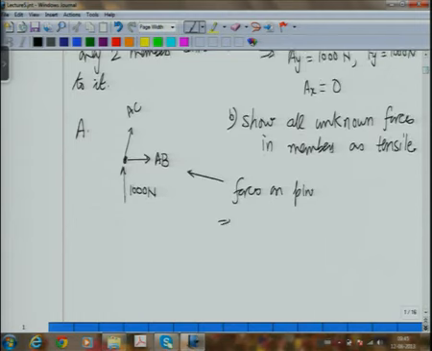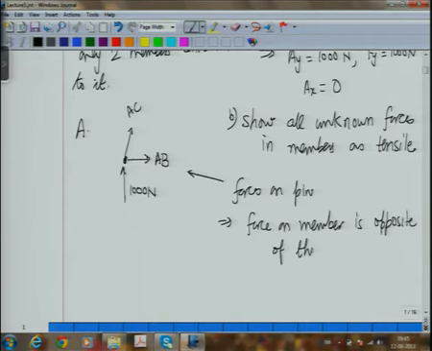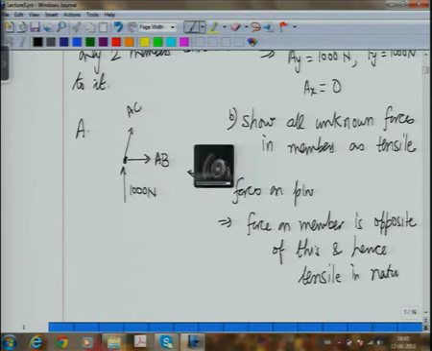So therefore, the force on the member is opposite of this and hence tensile in nature. So the unknown forces which I have, I will put them up as tensile forces.